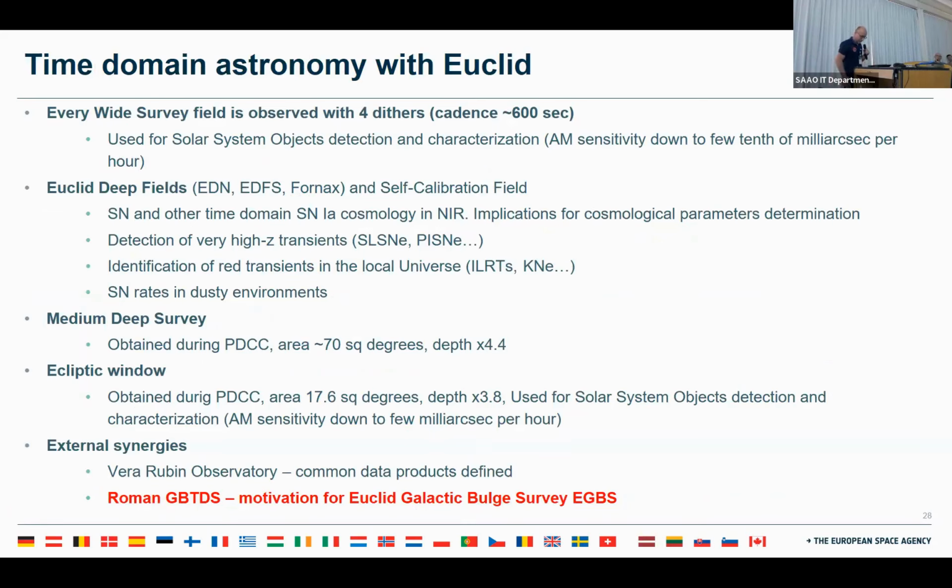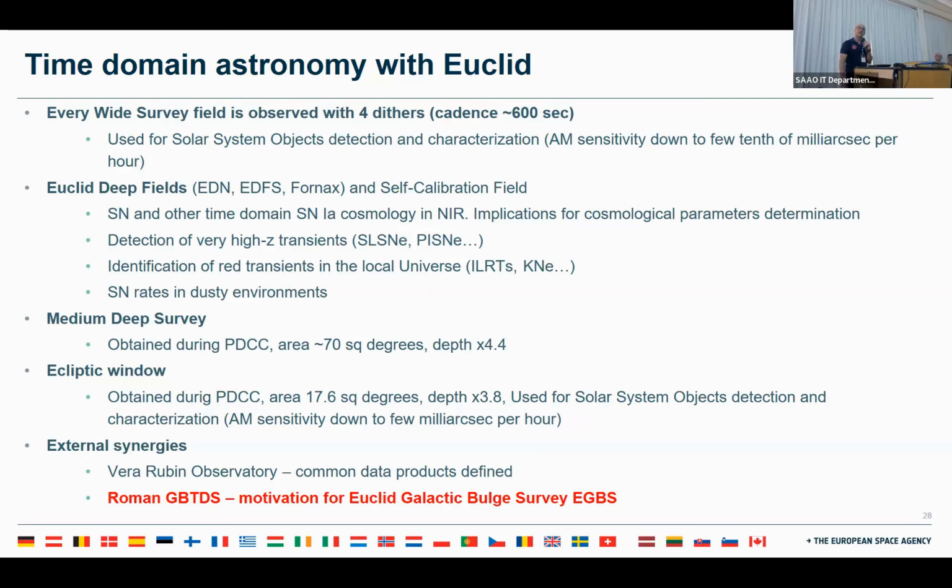So what I would like to do now is move to the Galactic Bulge survey definition. Actually, there are time domain astronomy opportunities with Euclid. So every wide field is actually observed with a cadence of about 600 seconds, and this is used by the solar system object pipeline to detect slow and faster moving asteroids.